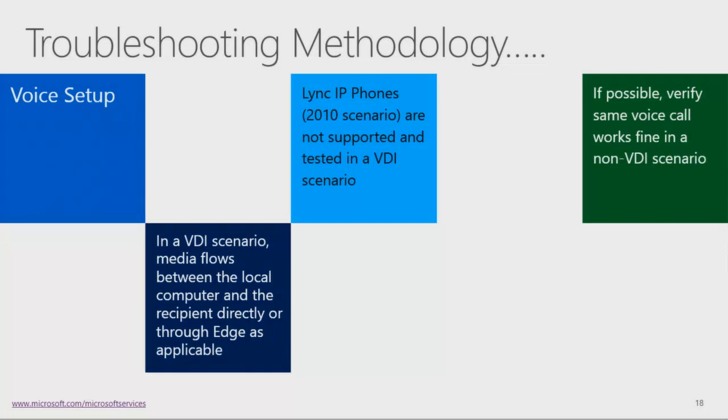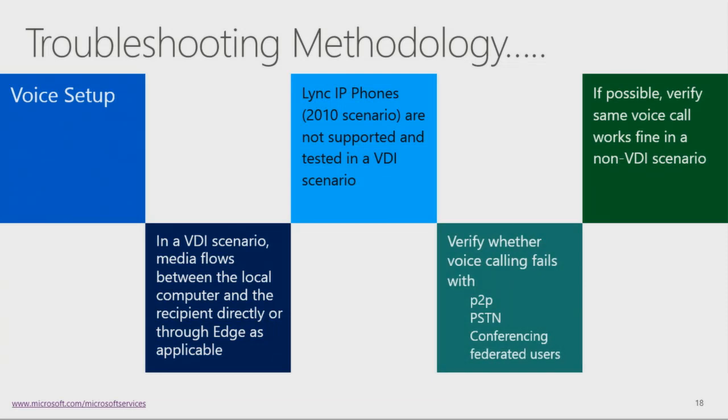In a VDI scenario, as we saw in the earlier slides, the media flows directly between the local computer and the Lync user, or the local computer and the MCU or the edge server, depending on the scenario. Through this, you can see the ICE candidates, look at the SDP, and make sure those IP port ranges are all correct. That can help as a sanity check.